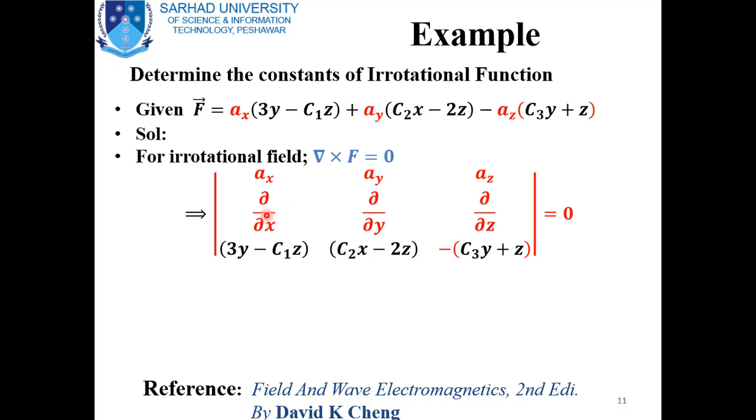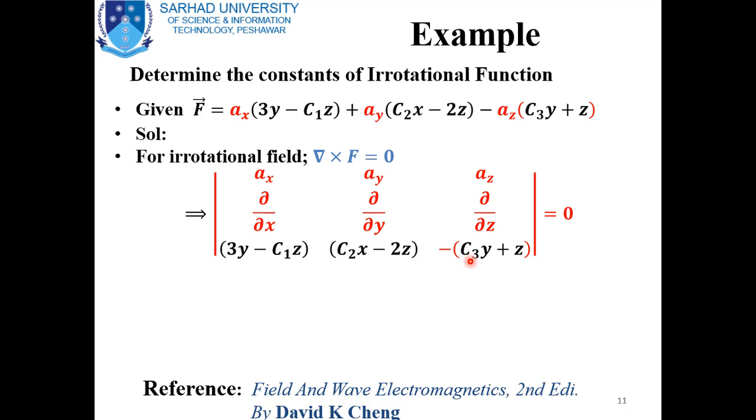In the second row we will write the differential operators, which are del over del x, del over del y and del over del z. And in the third row we will write the components of f, so 3y minus c1 z will be written at the first place of the third row, and then the second component and third component.